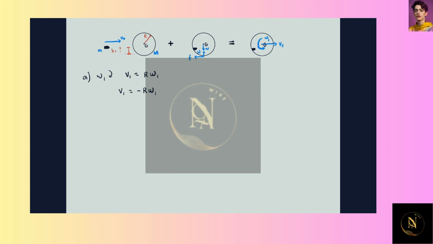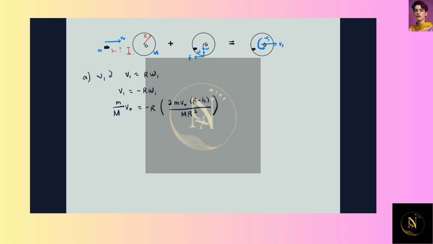Our equation for v sub 1 earlier is the mass of the bullet over the mass of the disk times v sub o equals negative r, and then substituting our equation for omega sub 1, that would be 2 m v sub o, then r times r minus h, all over M r squared.